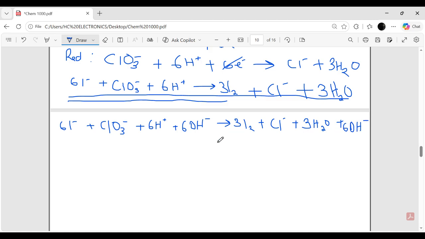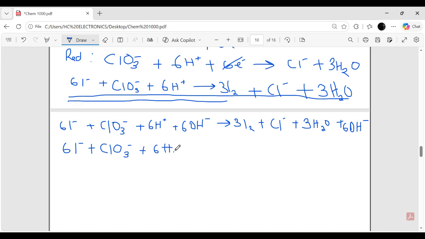When you add 6 hydroxide ions on this side, because they are hydrogen ions, they are going to react and form 6 water. So it's going to be 6 iodate plus ClO3, chlorate, plus 6 water.